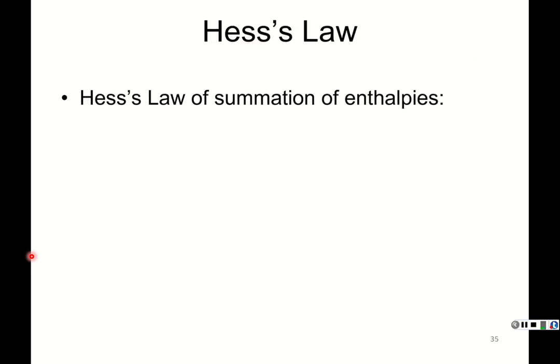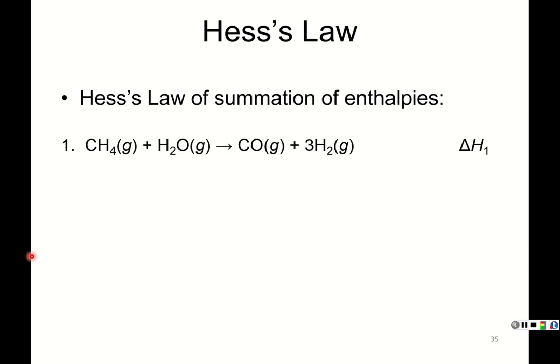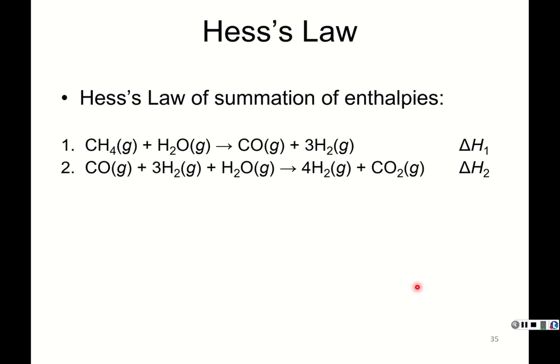So if we use Hess's law here to sum up the enthalpies, let's say our first equation is CH4 plus H2O going to carbon monoxide plus 3H2. We'll call that delta H1. Right.